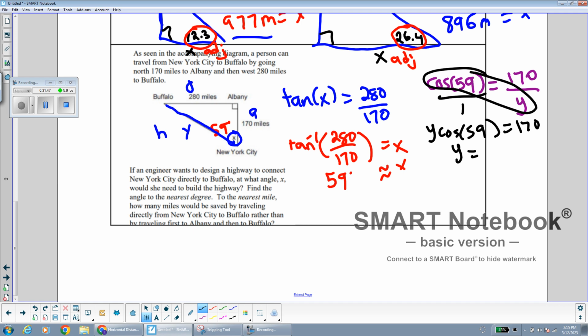In my calculator, I'm going to do 170 divided by cosine of 59. It does say to the nearest mile, how many miles would be saved. So this is approximately 330.1. I'll round as my very last step according to the question. So this side over here is 330.1.